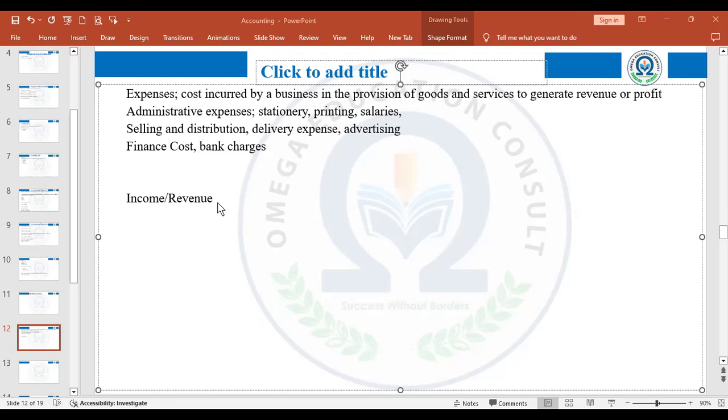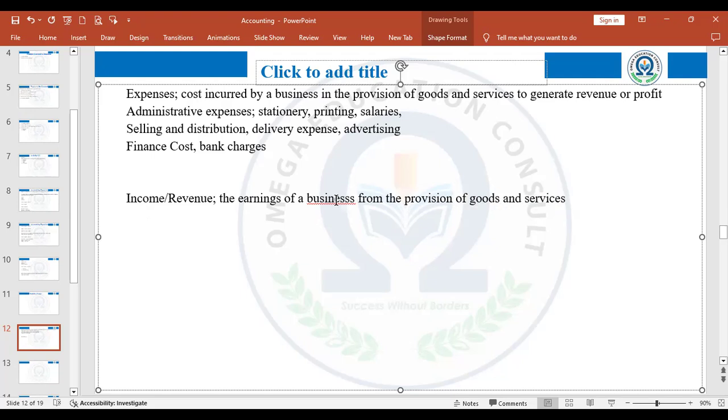So here I'll define income or revenue as the earnings of a business from the provision of goods and services. Okay, what a business earns.